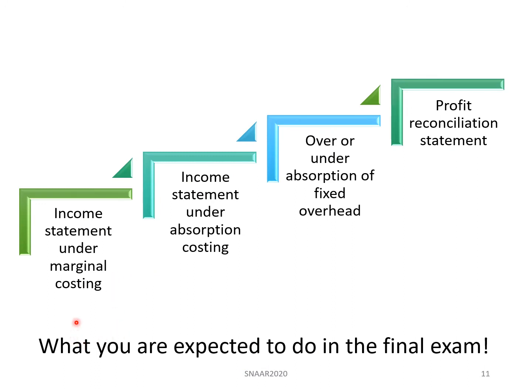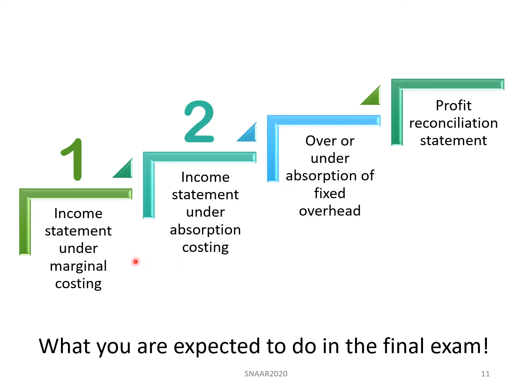Okay, these are what you are expected to do in the final exam. First one, biasanya soalan akan minta you prepare the income statement under marginal costing. Secondly, dia akan suruh you prepare income statement under absorption costing.